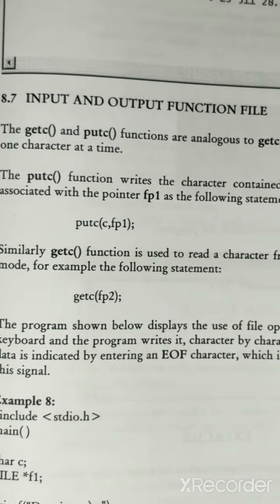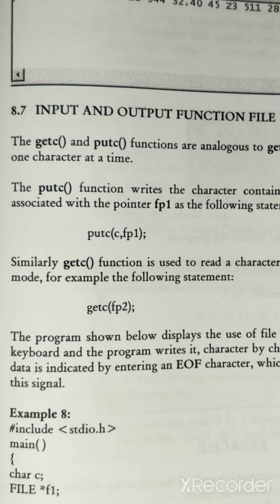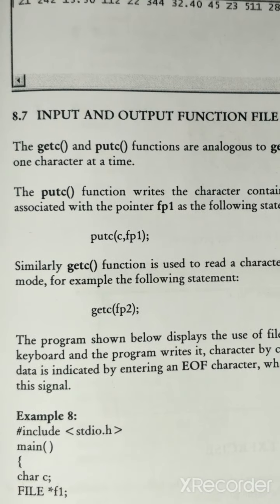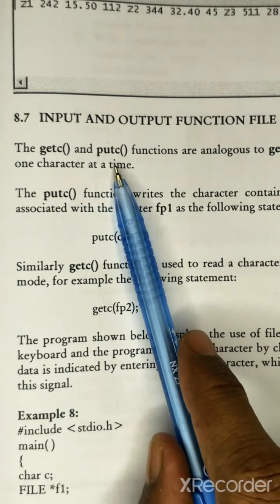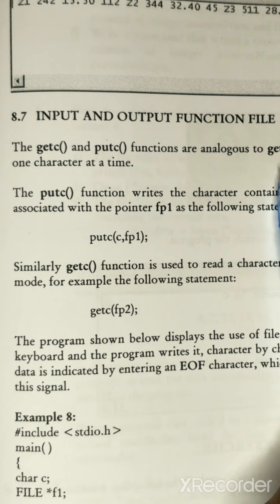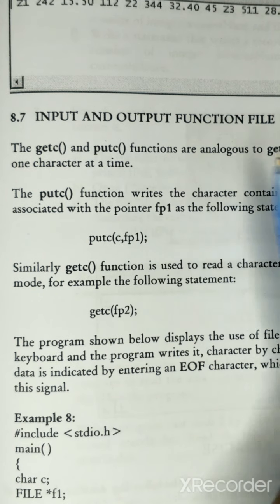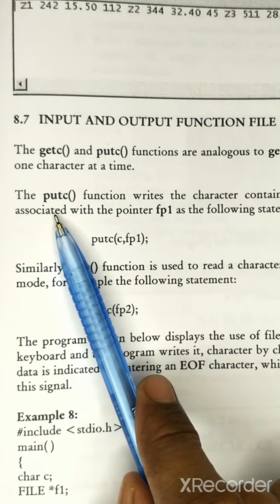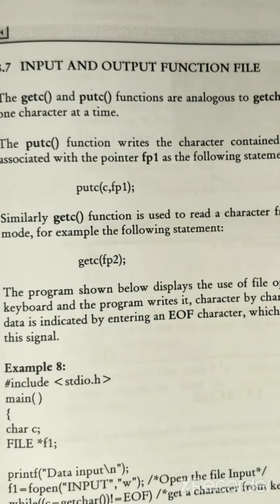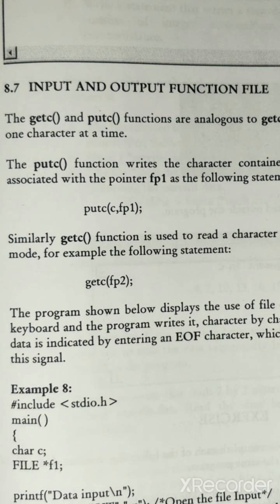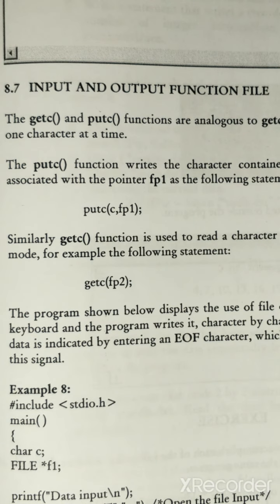Okay, next we go to the input and output functions for files. We have the getc and putc functions, which are analogous to the getchar and putchar functions and handle one character at a time. putc writes a character to the file.